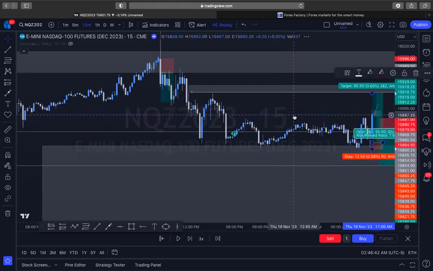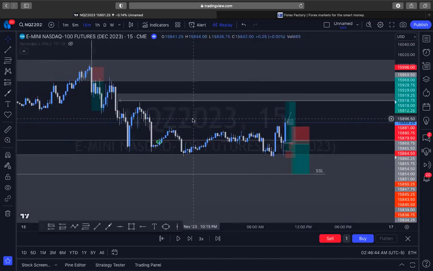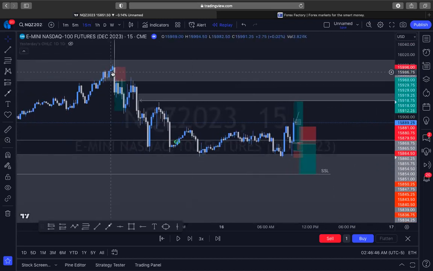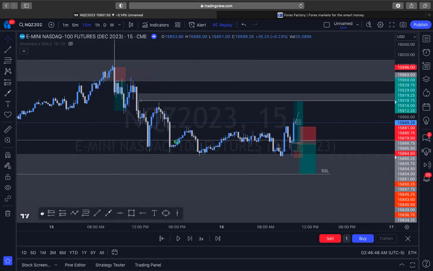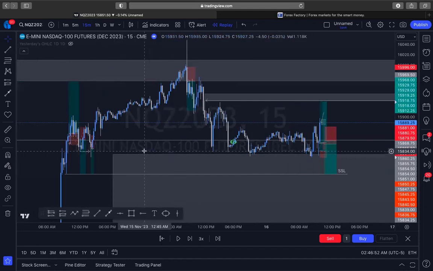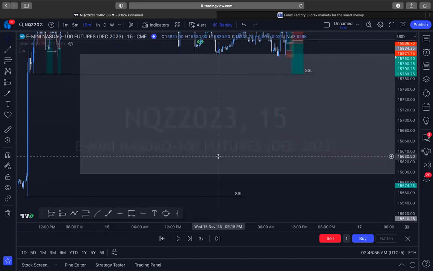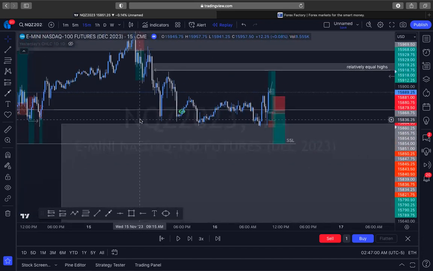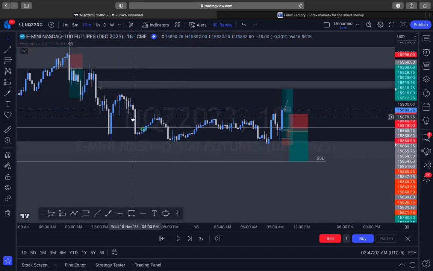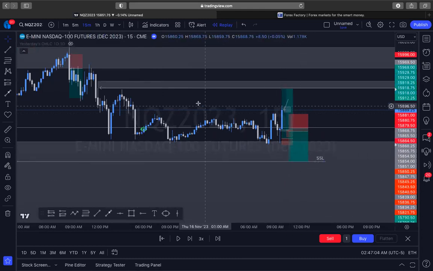Let me go into the 15 minutes so you guys can take a look. So what I originally was targeting, so from Wednesday, right? If you look down here, Wednesday's trade, we dropped lower. We still had this big fair value gap that we created, or BISI that we created from news the previous day. And what I wanted to see was that gap be filled, right?